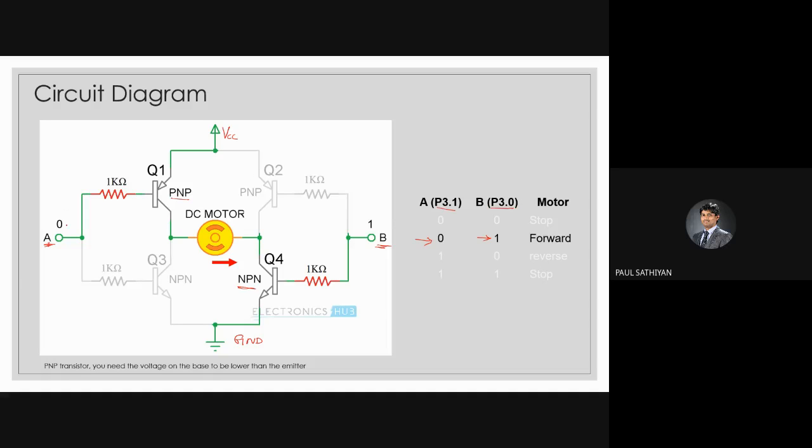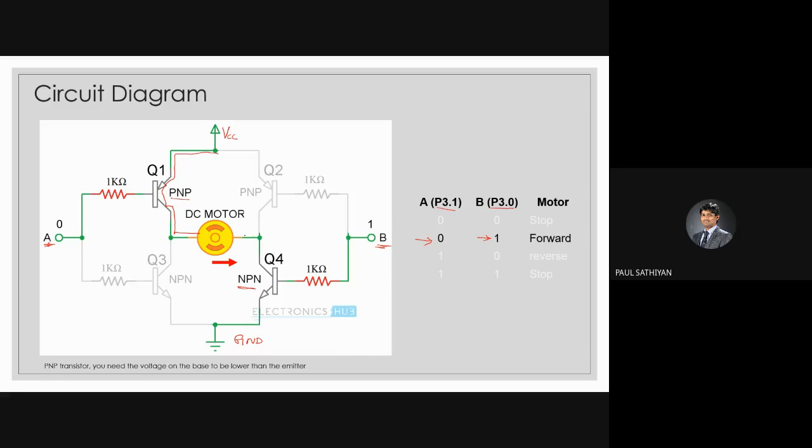So when I make the control pin A as 0, this transistor Q1 turns on, and current starts to flow from VCC through the transistor and comes here.